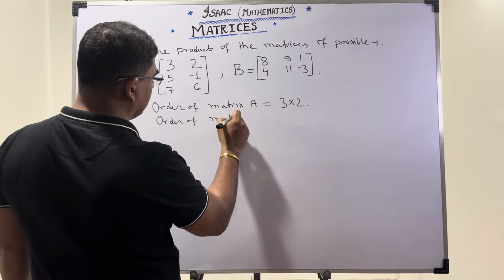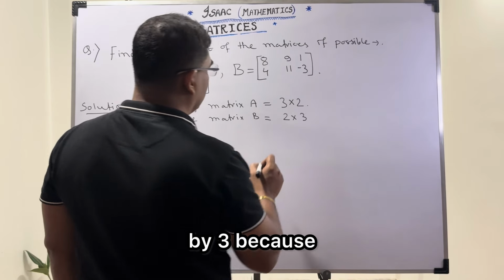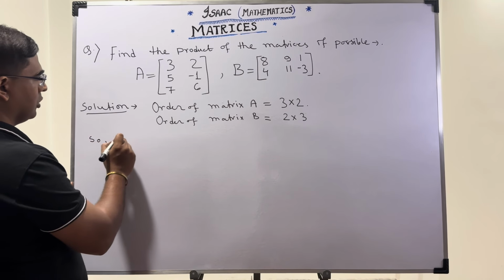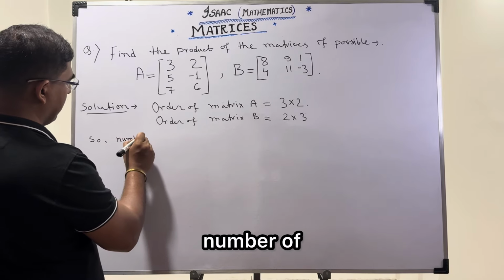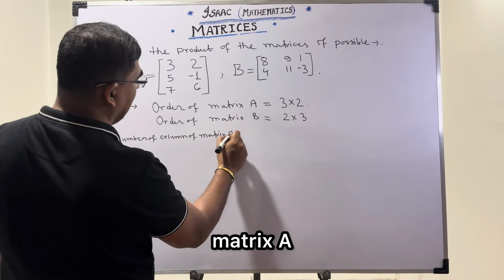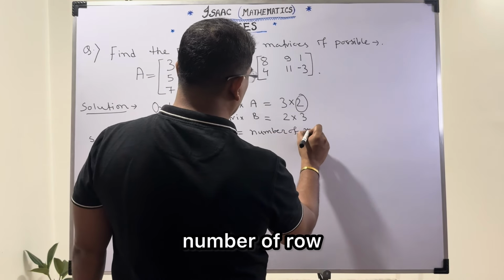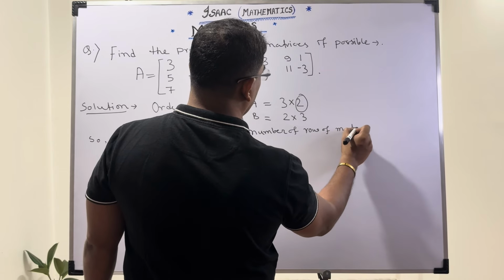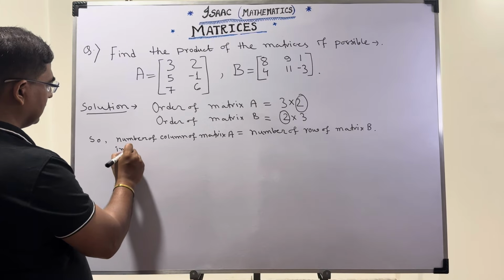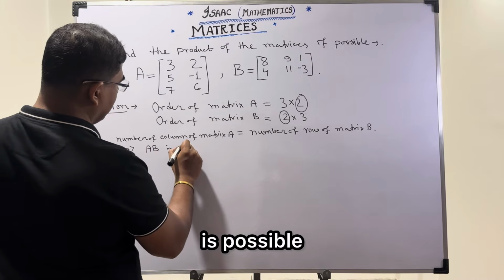Order of matrix B is 2 by 3 because matrix B has 2 rows and 3 columns. So the number of columns of matrix A, that is 2, is equal to the number of rows of matrix B, that is 2, which implies that AB is possible.